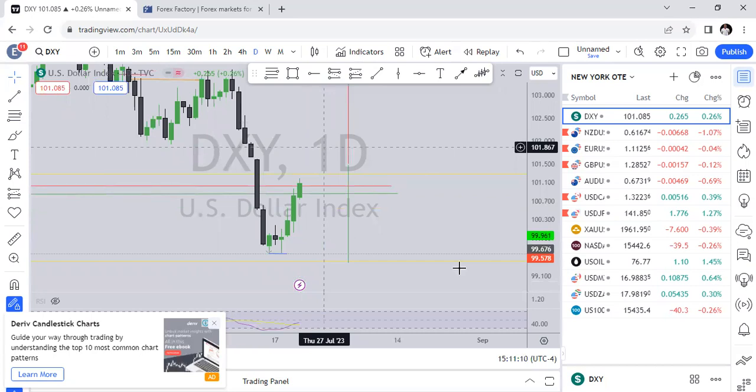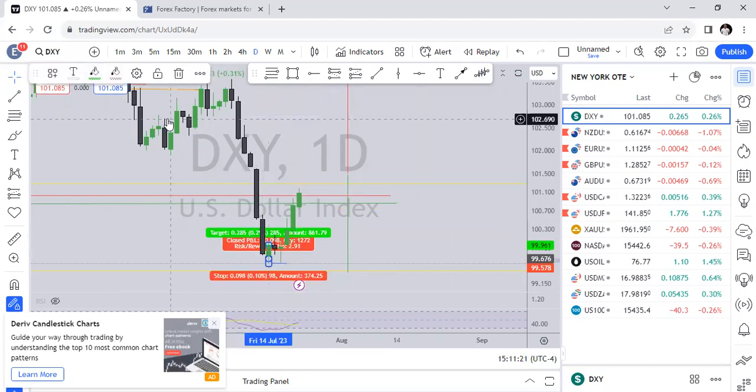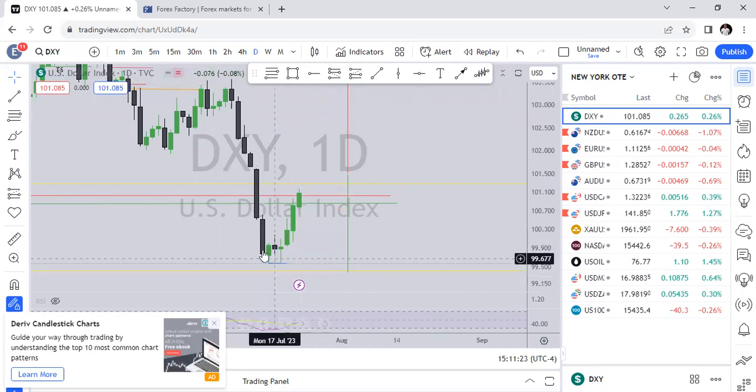Okay, so last week we saw some bullish moves for the dollar index. We noticed that there was this very big drop, one direction for the dollar. But then throughout last week, we saw the dollar trying to make a pullback.